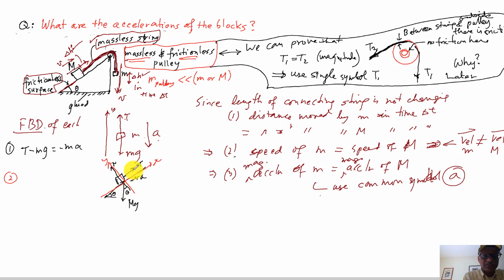Let's look at the x-axis. There's nothing for normal, and it's going to be sine. So T minus big Mg sine theta equals big M times a.